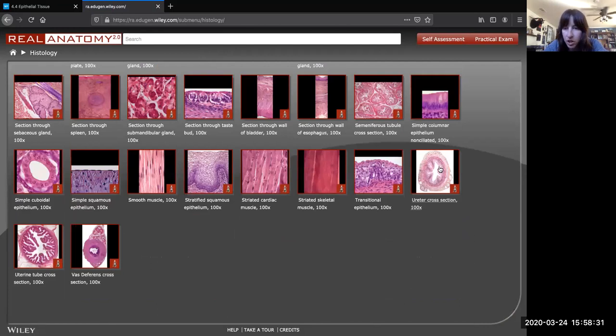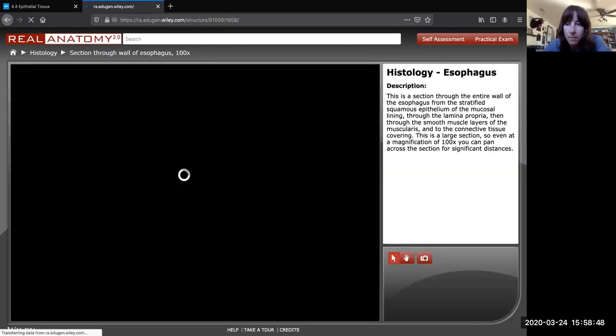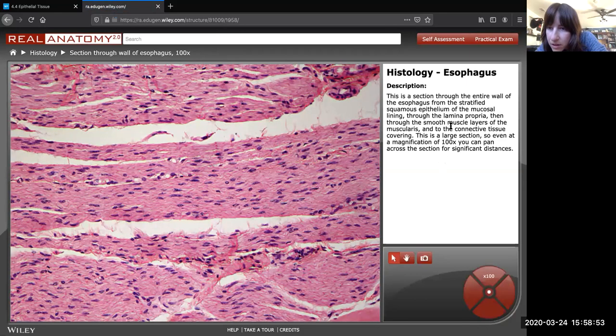Not uterine, ureter. I know we just did that. We want the, is that what we want? No, we want urethra. Esophagus. Ooh, maybe. Stratified squamous. Nope.